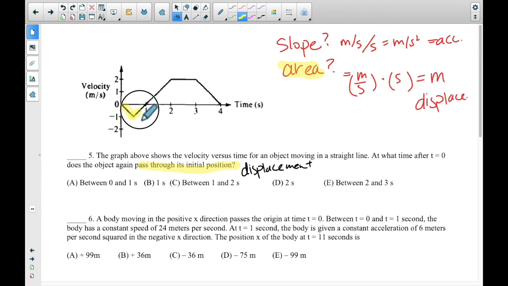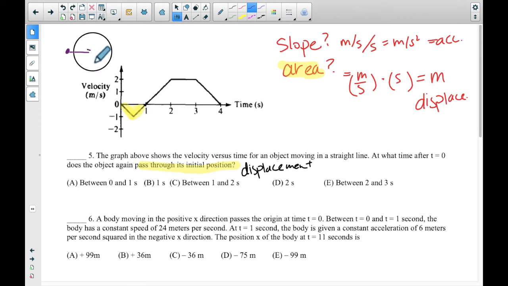And then it turns around. So it starts here, it starts going, and it looks to me like about a half a second that it's going in the negative direction, and then it turns around and its slope becomes positive, but it still has a negative direction. We haven't talked about that yet, but that's what's going on here.